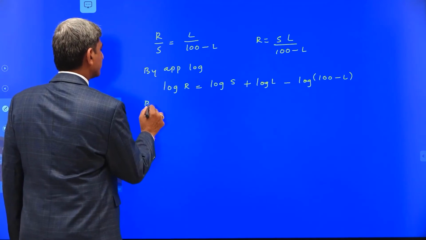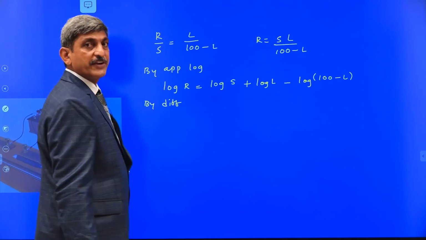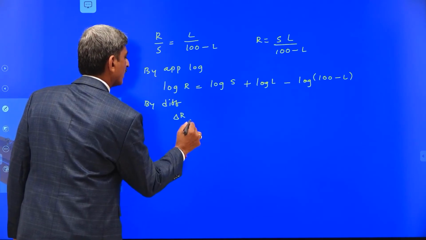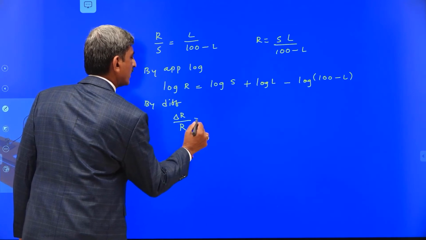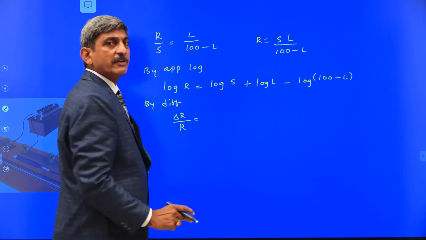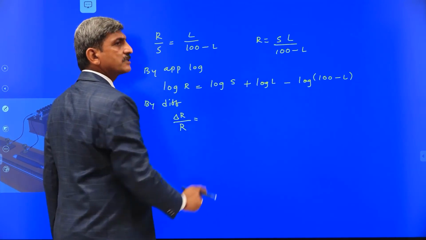By differentiating the equation, we have delta R by R is equal to, here S is the standard resistance value whose value is constant. If S is constant, log S is constant.